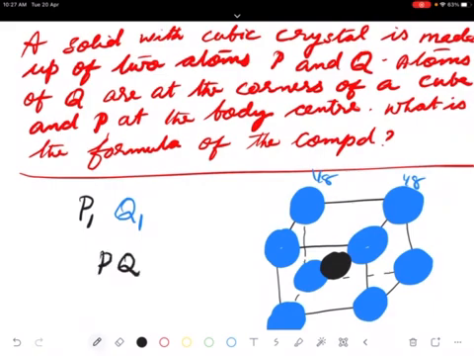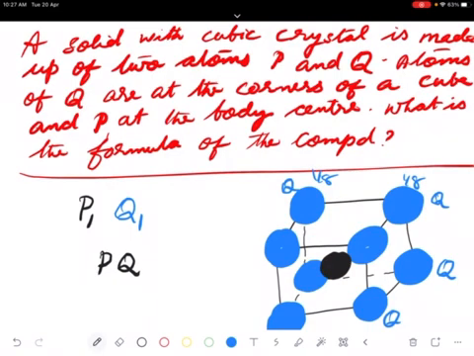So once again, a solid with cubic crystal is made up of two atoms. One cubic form I have made. Atoms of Q are at the corners of a cube. Blue ones are Q. From 8 corners, total number of particles will be 1.